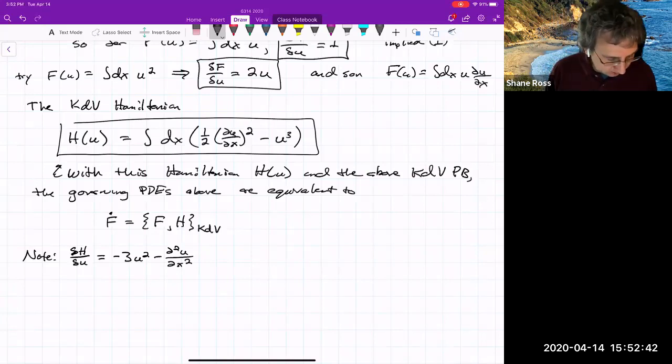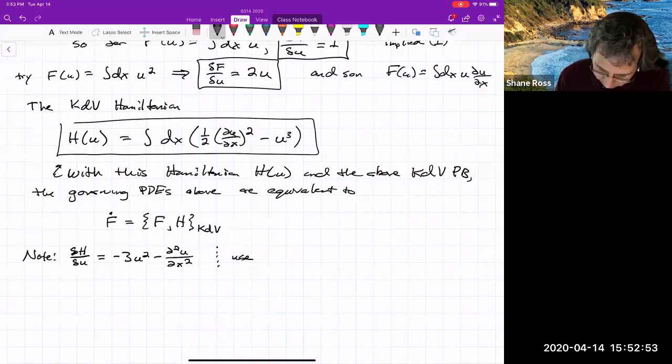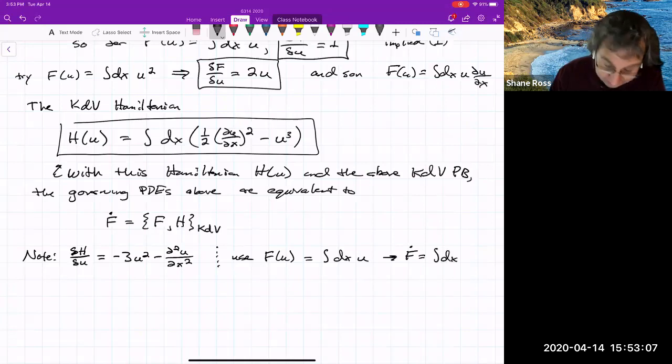It's kind of like a boundary condition. So we've got that for the functional derivative of h, and then if you want to see that this is equivalent to the above PDEs, use as f the f that we had above, the integral dx of u, and this leads to f dot being the integral over all of space of partial u partial t.